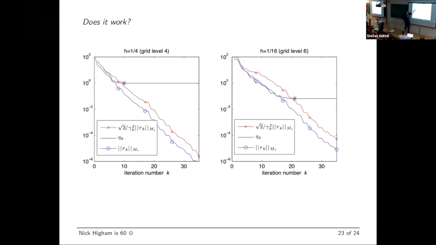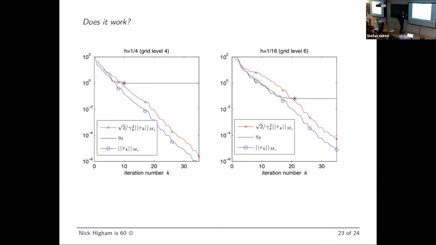And I'm going to stop here because I'm going to estimate the discretization error at every step. I'm going to keep going just to show you what happens. But this is my estimate of the error flat, because now it's saturated by the discretization error. So I'm going to stop right here. That's the point when these two cross. So I'm only going to do 9 iterations. There's no point doing any more because I'm just going to reduce the algebraic error.